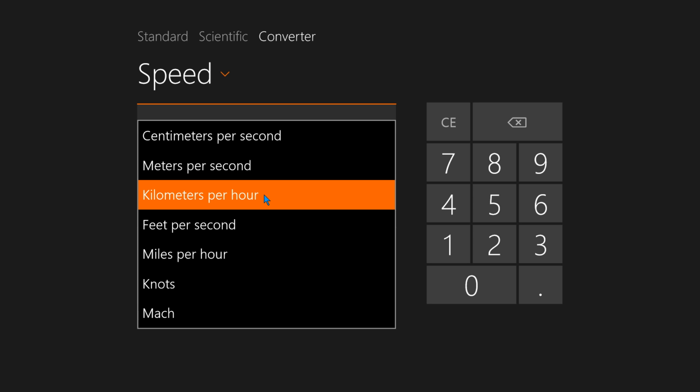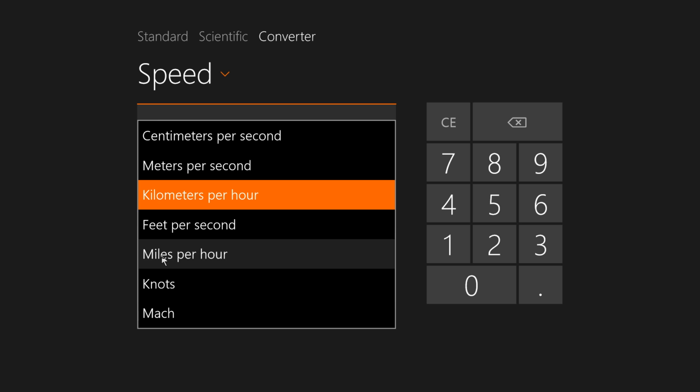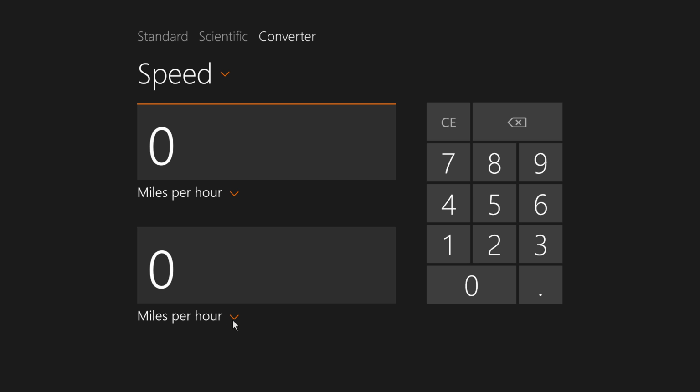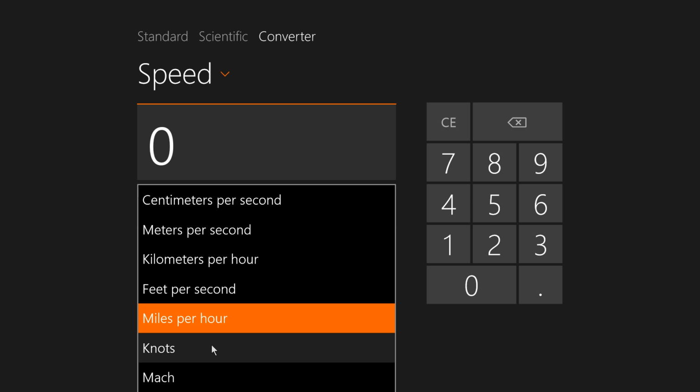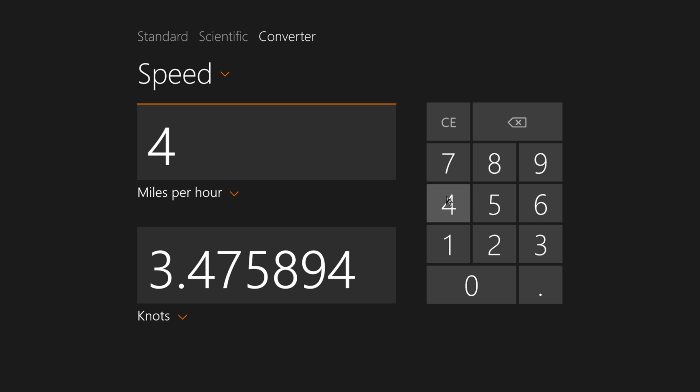I'd like to convert a certain number of miles per hour into a certain number of knots. Now you hear that the minimal hurricane has a sustained wind of 74 miles an hour.